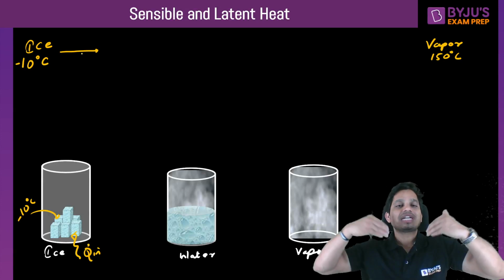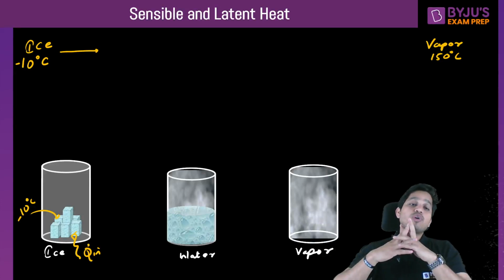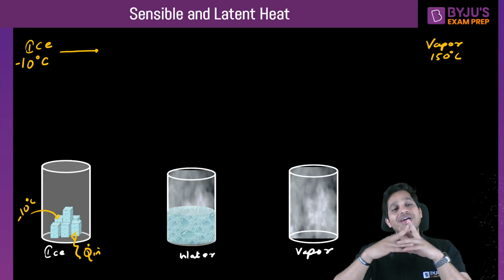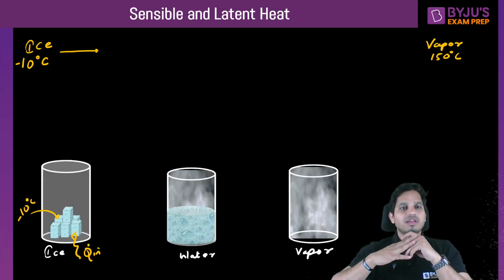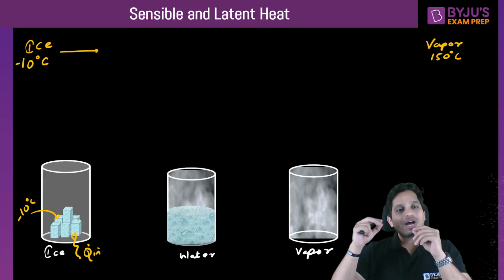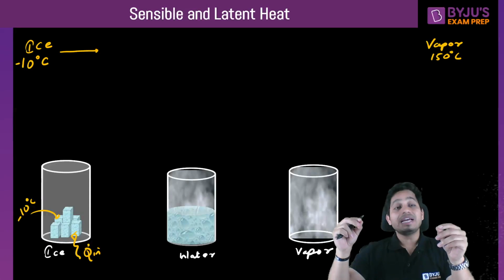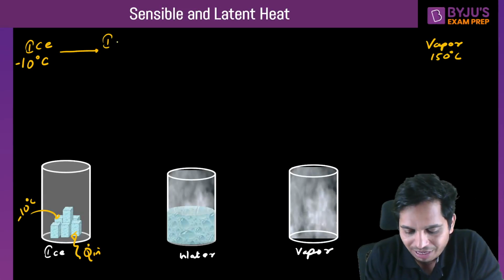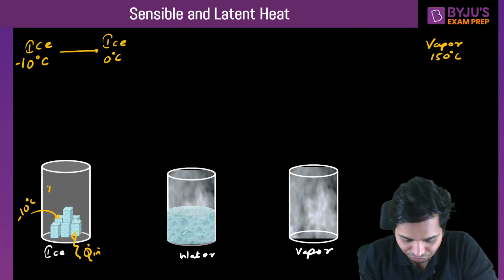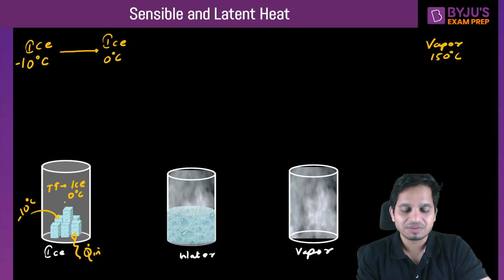This ice will start absorbing heat, and its temperature is going to increase. But it will not just keep increasing. The highest temperature at which ice can exist is its saturation temperature, so it will stop when the ice reaches 0 degrees Celsius.